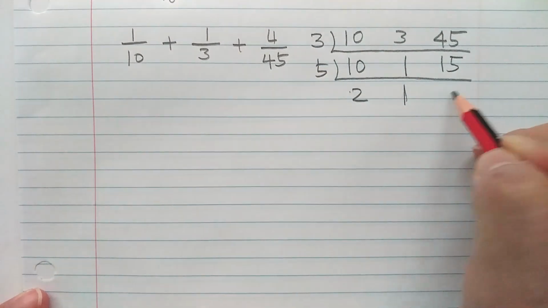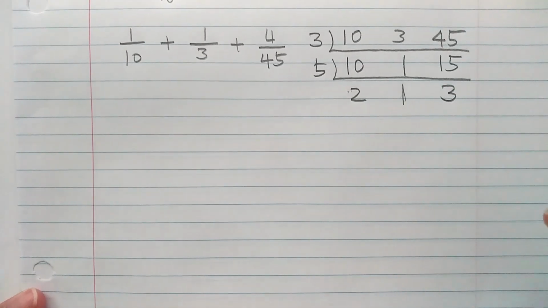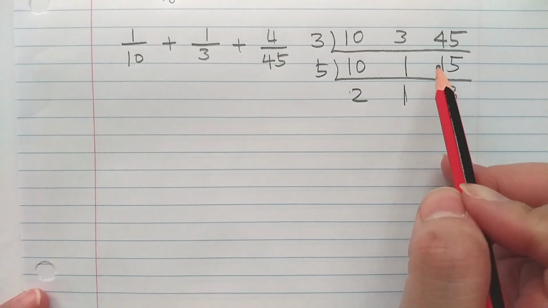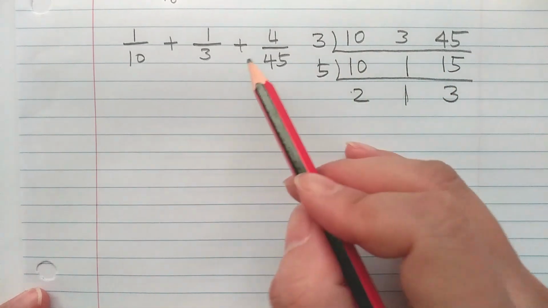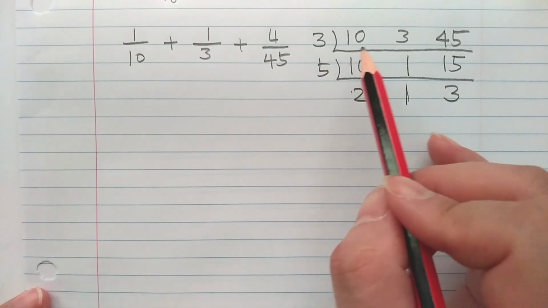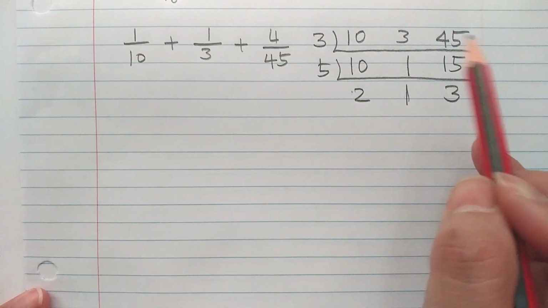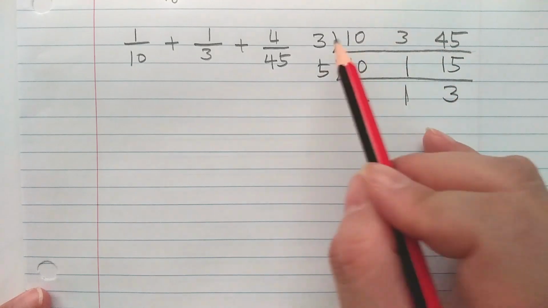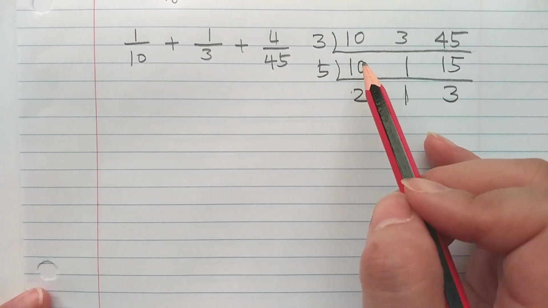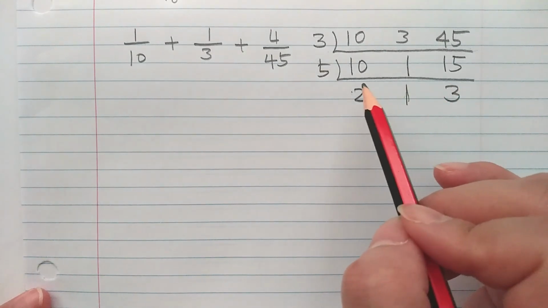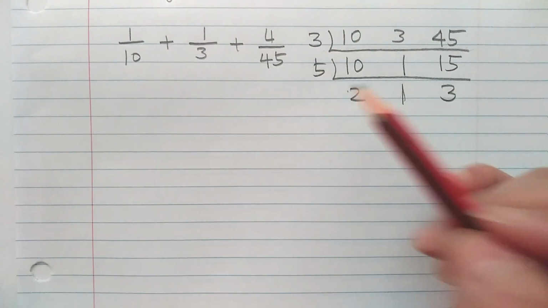So 2 and 3. Just be careful, this is not a way to find the greatest common factor. There is no other number that can divide all three, so the greatest common factor of all three numbers is not 3, it's going to be 1. This is just a way to simplify to find the least common multiple.